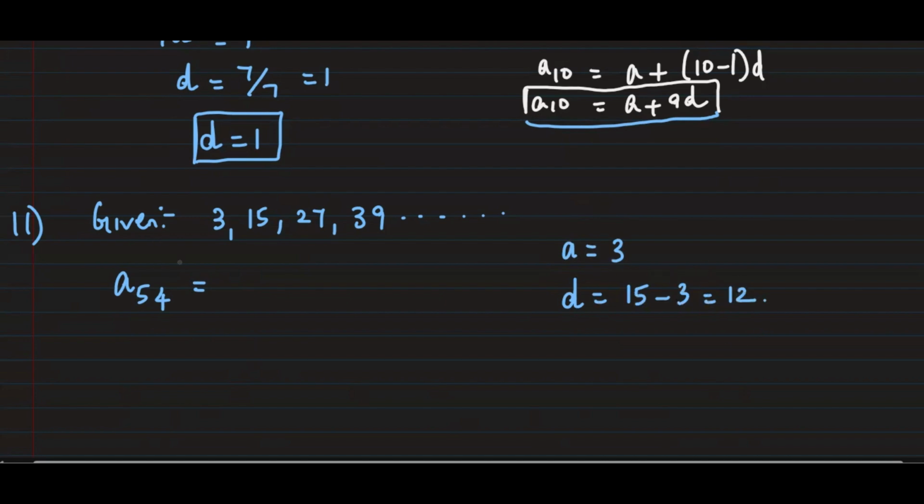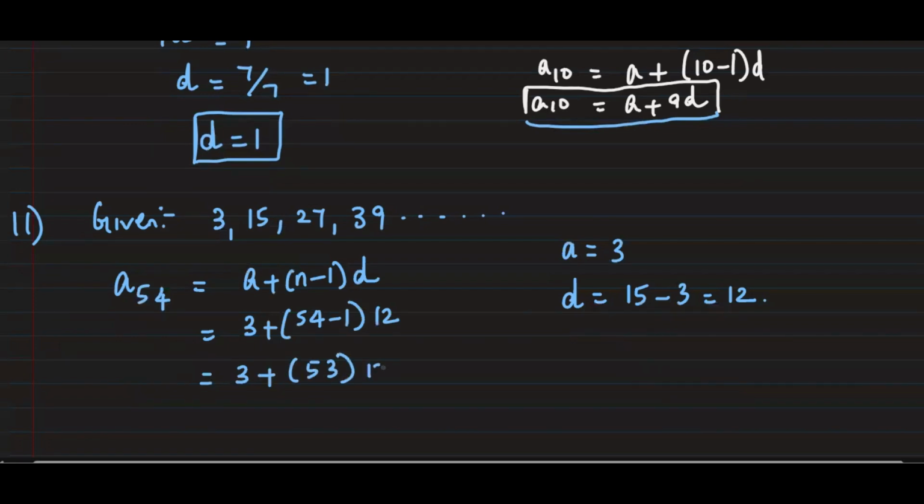Now we'll find the 54th term. So a plus n minus 1 into d. So a here is 3. 3 plus 54 minus 1 into d, where the d value is 12. Again, 3 plus 54 minus 1 will be 53, so 3 plus 53 into 12.